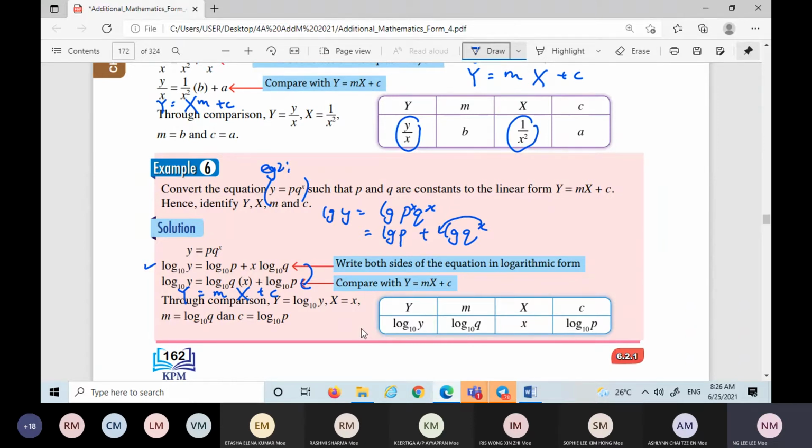You will get a straight line. So from the straight line you can get the gradient that is equal to log q, then you can find the q. From the graph, you read the y-intercept, let it equal to log p, then you get the p. So this is the second example.